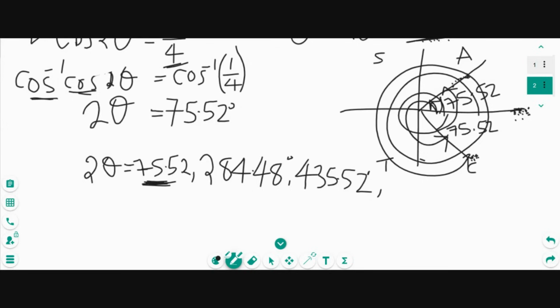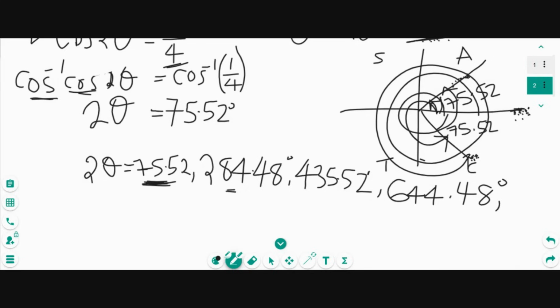The 360 is accounting for that complete cycle. Then I'm also going to add 360 to this one. And I'm having 644.48 degrees. Now my range is up to 720.